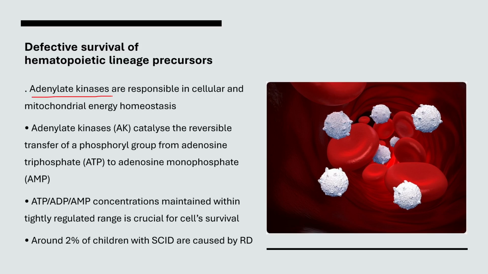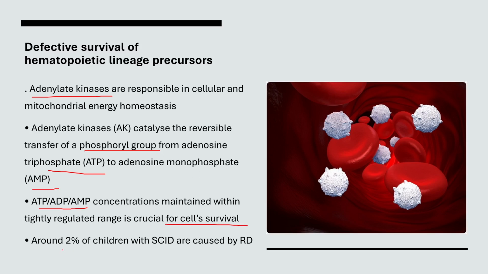Adenylate kinases are responsible for cellular and mitochondrial energy homeostasis. This kinase catalyzes the reversible transfer of a phosphoryl group from adenosine triphosphate, ATP, to adenosine monophosphate, AMP. Keeping ATP, ADP, and AMP concentrations within a tightly regulated range is crucial for cell survival.